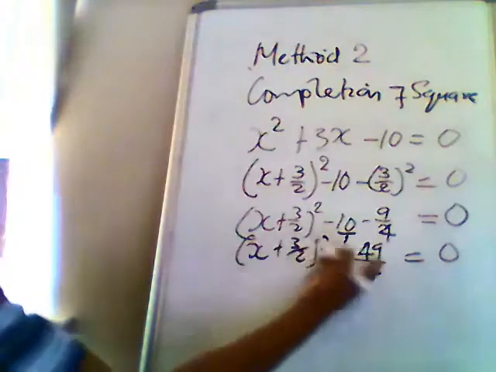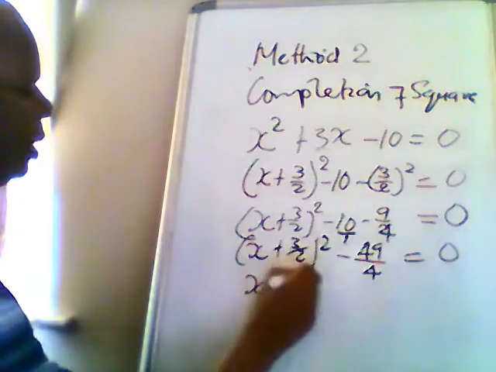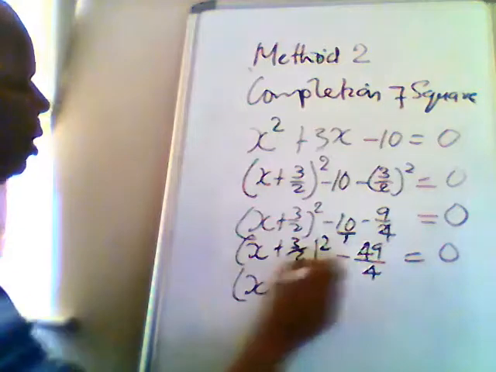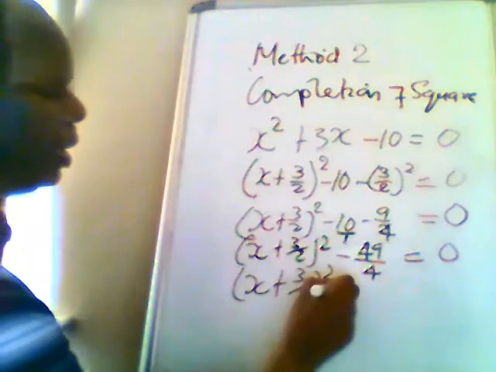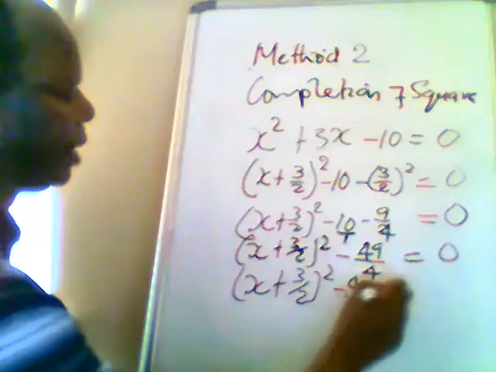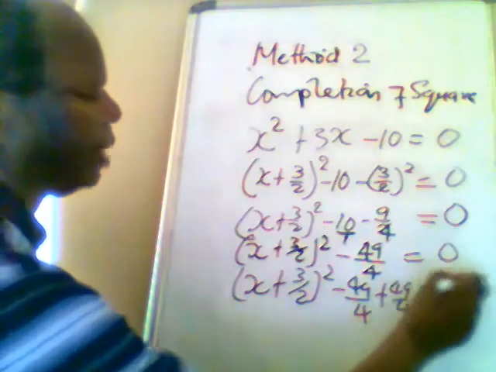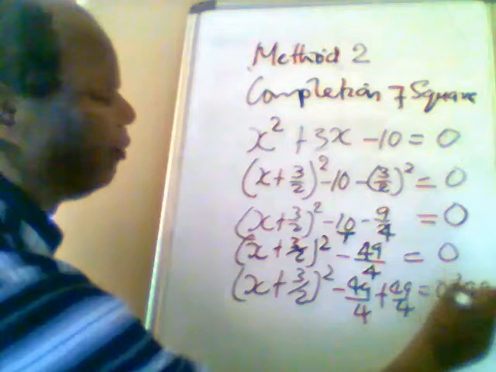And then I need to add this fraction to both sides. So I have x plus 3 over 2 squared minus 49 over 4 plus 49 over 4 equals 0 plus 49 over 4.